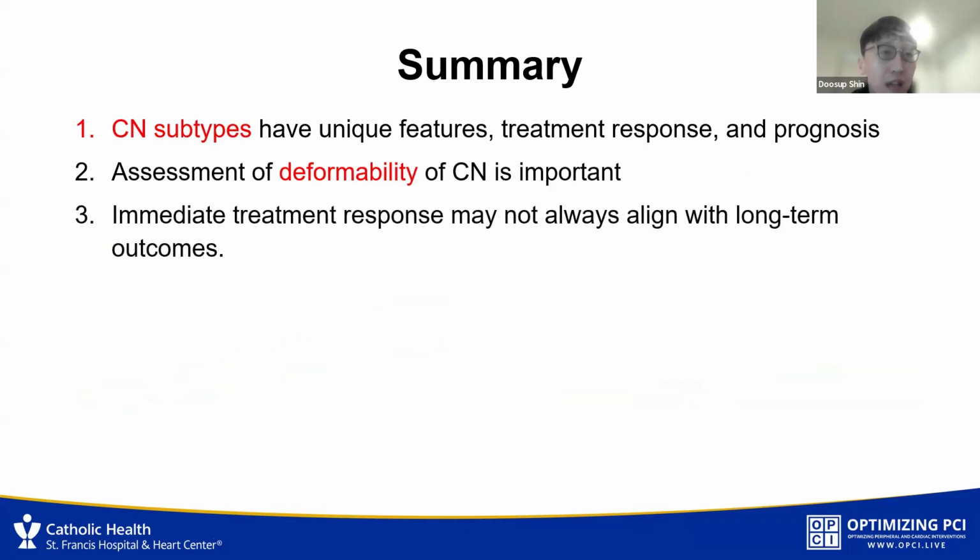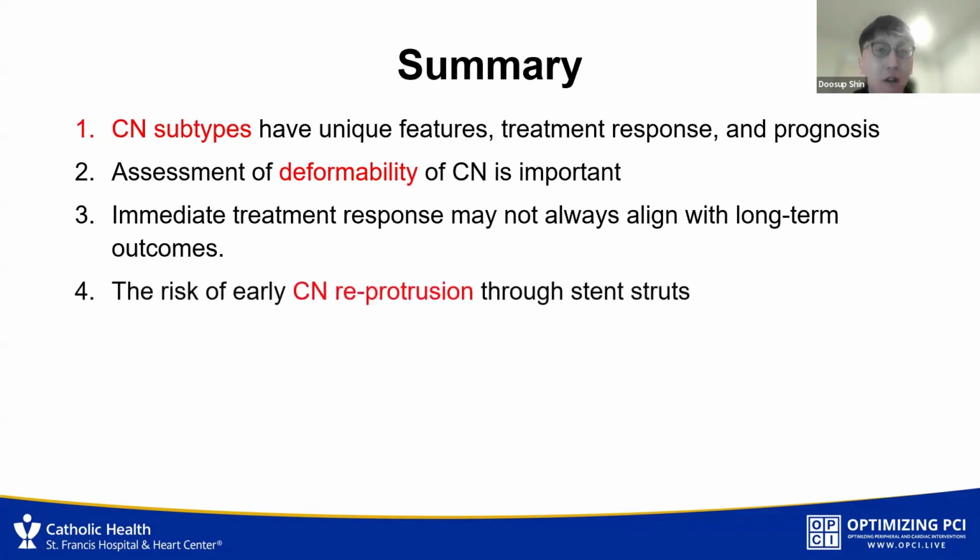And it's important to understand the immediate treatment response may not always align with long-term outcomes, especially when it comes to eruptive calcified nodule, where you have better stent expansion but perhaps worse long-term outcome because of the patient-level risk factors and the reprotrusion of the calcified nodule through the stent struts.